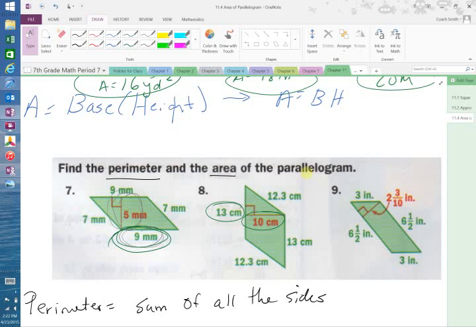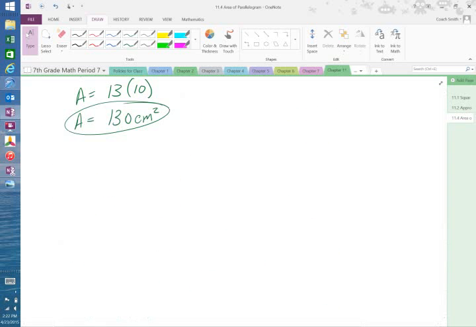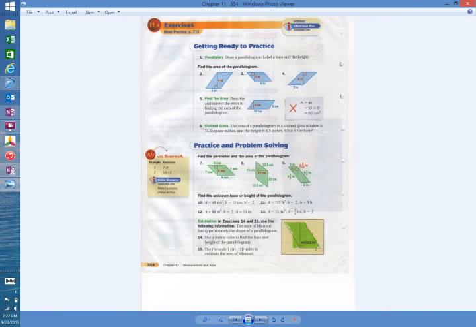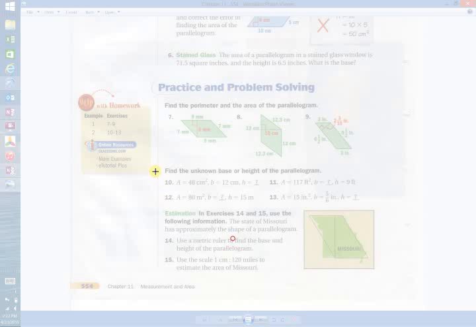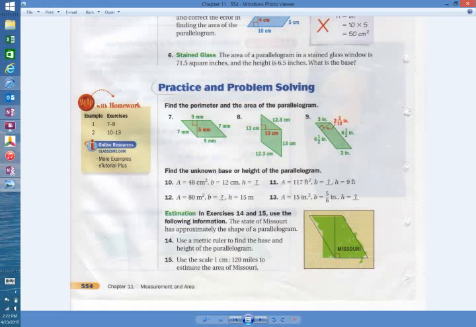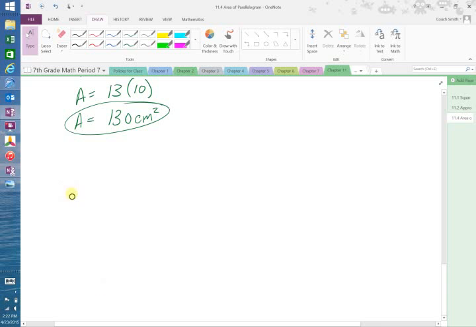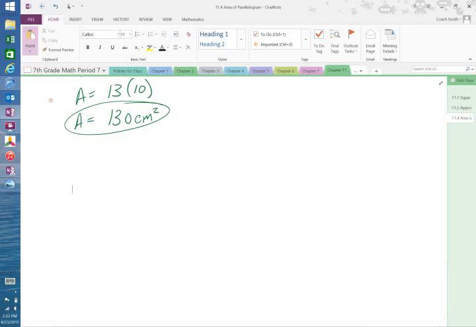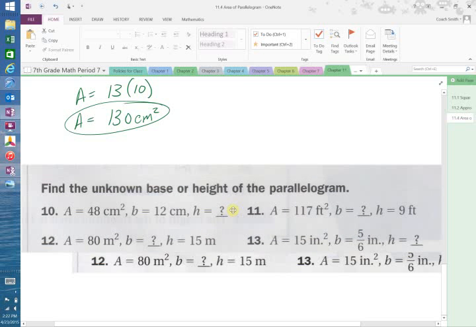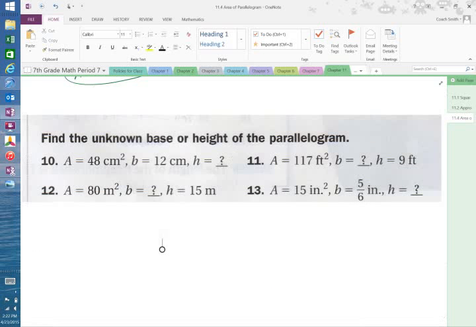Now, let's look at a final example. You have A equal 48 centimeters squared, B equal 12 centimeters, and the height equal blank.